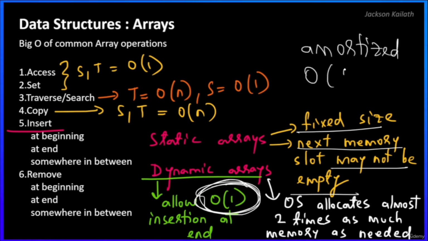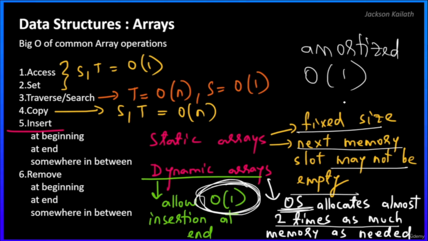Now this means that in some cases, as we have seen, let's say we are creating an array in JavaScript of size 4. Now the operating system will allocate almost 2 times as much memory as is needed. So that's almost size 8, right, to store 8 elements. Now when we are done with storing 8 elements and when we are pushing the 9th element, at that time the memory will allocate again another 9 more memory slots.